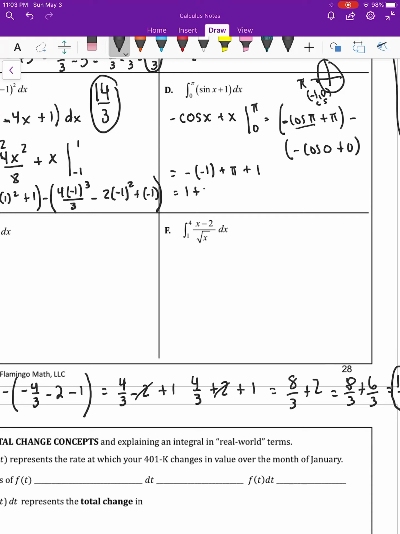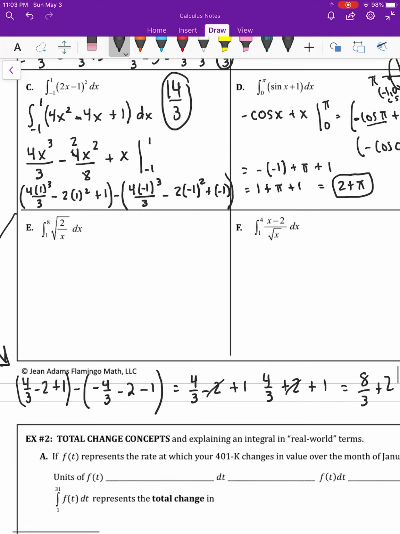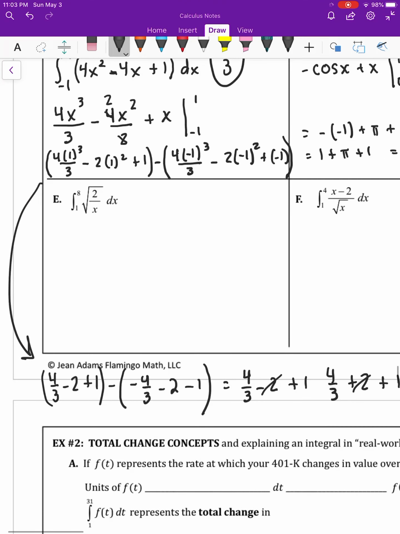Plus pi, and then minus a minus is a plus, and then the cosine of 0 is 1. Okay, plus 0 doesn't matter. So we've got 1 plus pi plus 1, 2 plus pi. That's the area.